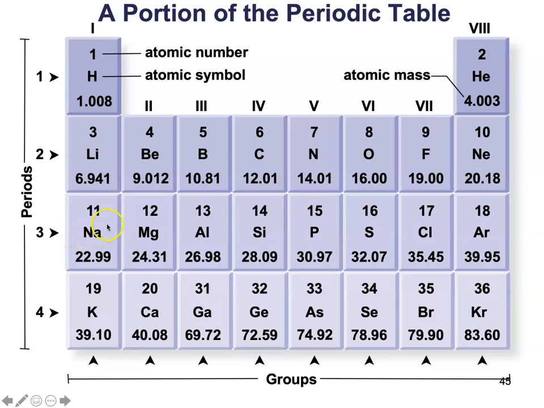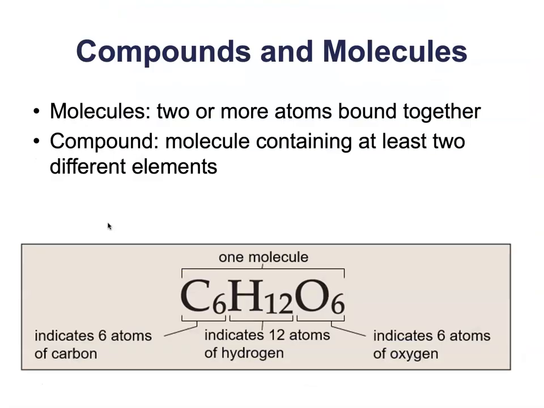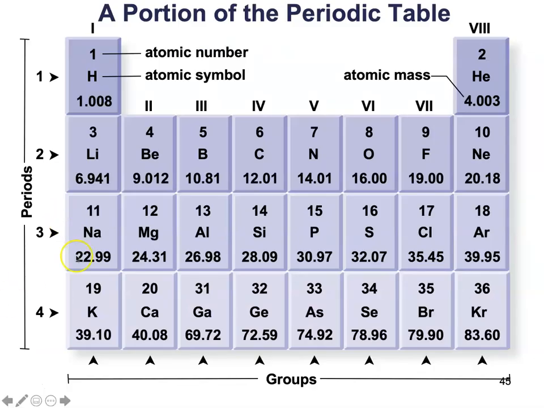So we're going to start off by taking a look at our sodium ion. And I would like you to follow along and draw an atom of sodium as you work through this to help understand this process. If we were to draw an atom of sodium, we have 11 protons.